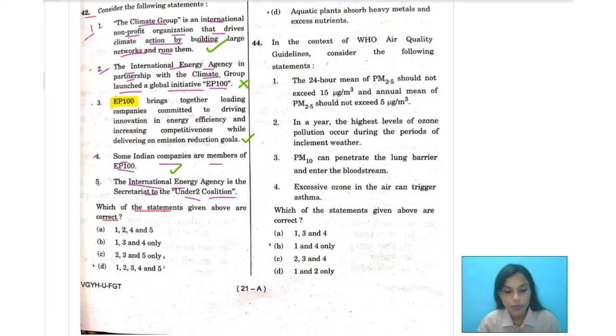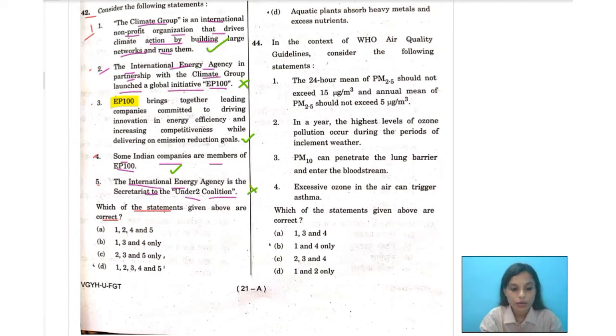Now what are these 4 streams? One is pathways, one is policy action, another is transparency, and another is diplomacy. So we will consider statement number 5 to be incorrect.